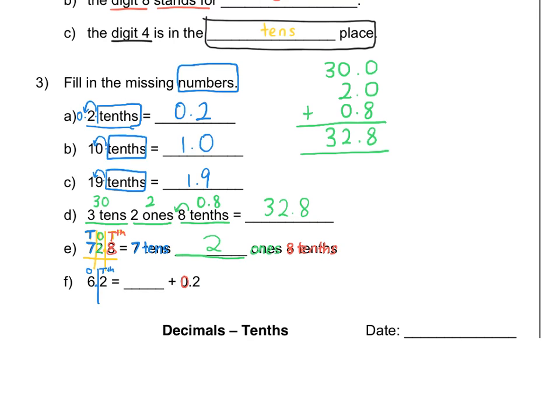We have here 0.2, which is actually 2/10. Over here, 2/10. So what is missing over here is actually 6 ones. And how do you write 6 ones as a number? It is simply 6. With that, we are done with the worksheet.